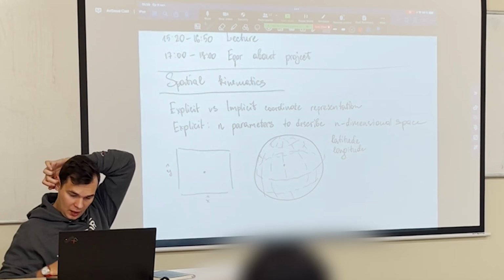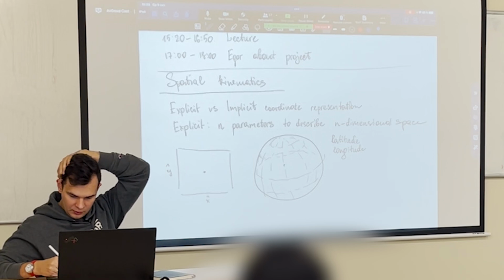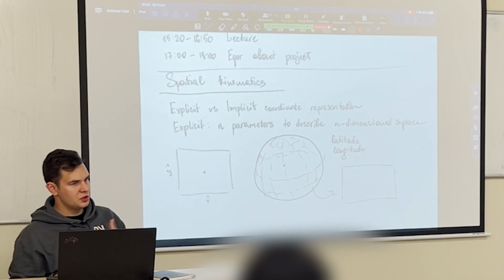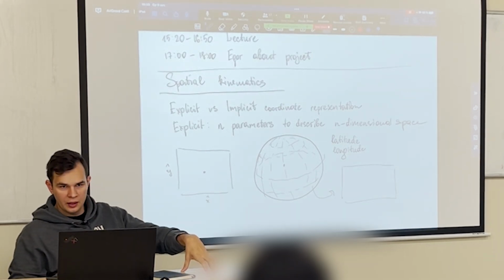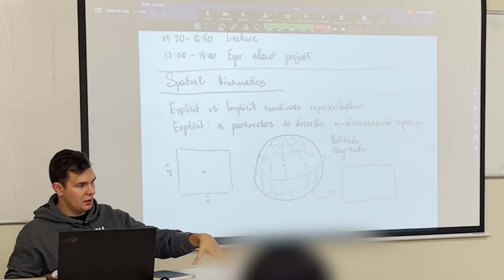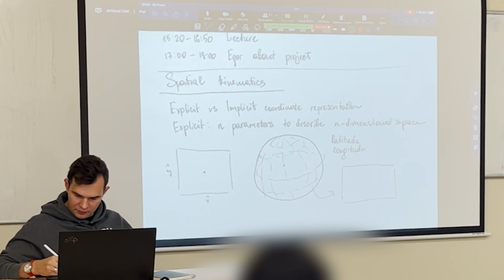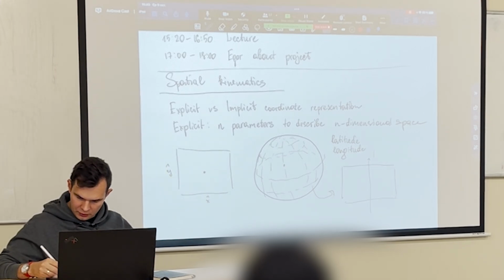But if we then try to represent this surface as a plane, it's just like a globe and a map, right? And the map is distorted. Let's assume that this will be the latitude and this will be the longitude.